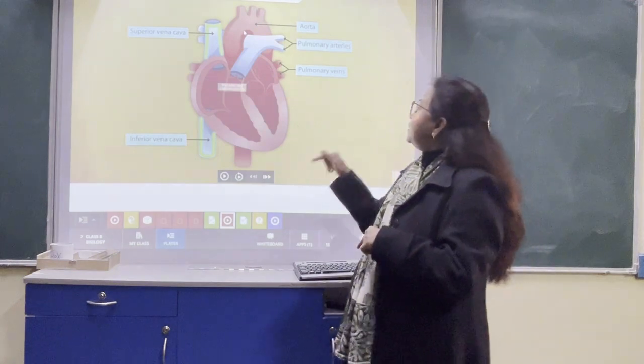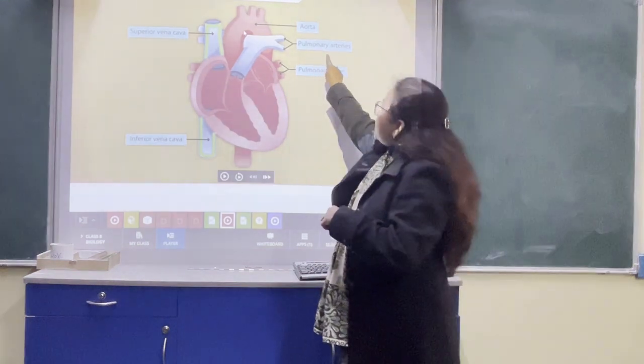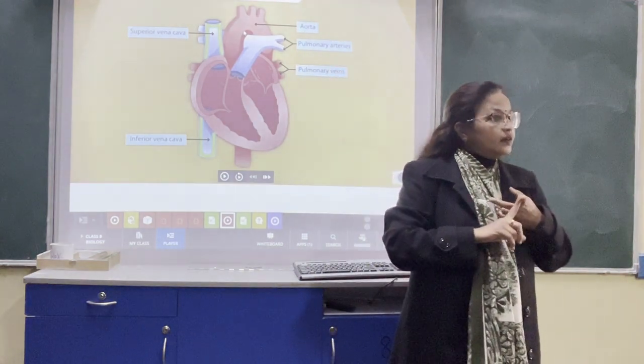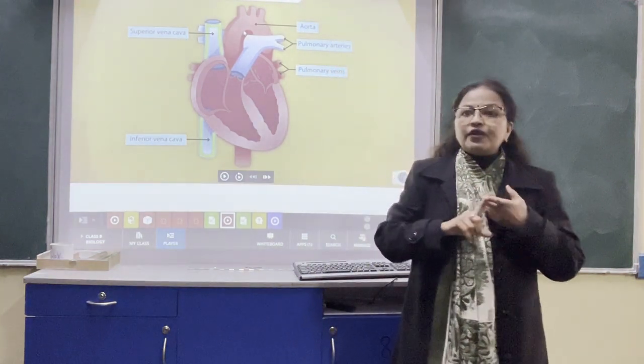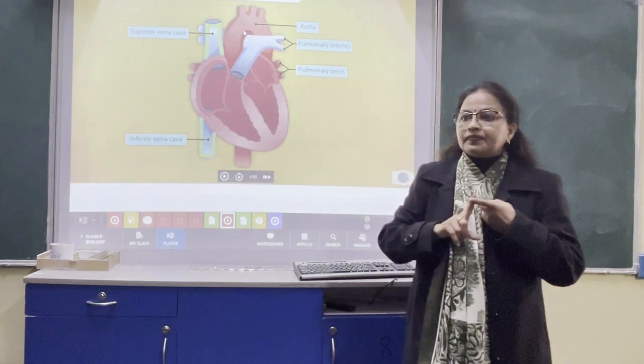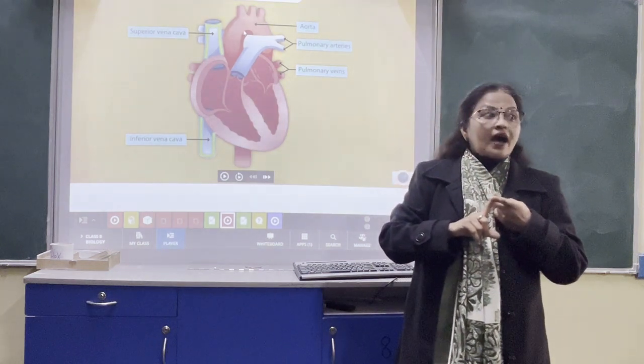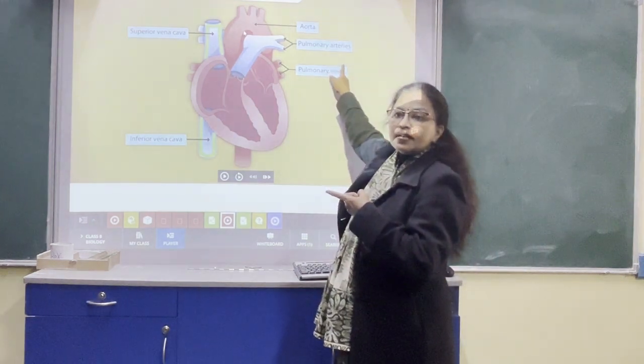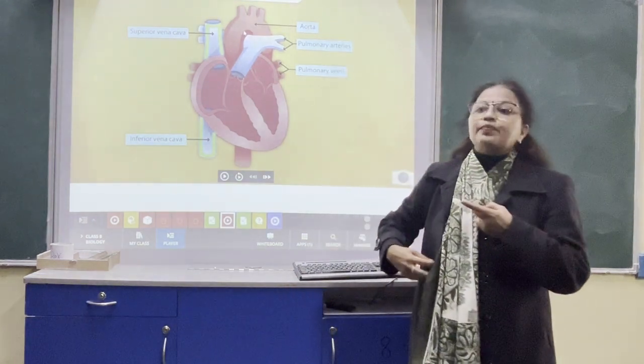Now, coming to the pulmonary artery, these are exceptional arteries you have learnt in the blood vessels. Which blood do they carry? Arteries carry oxygenated blood, but pulmonary arteries carry deoxygenated blood.